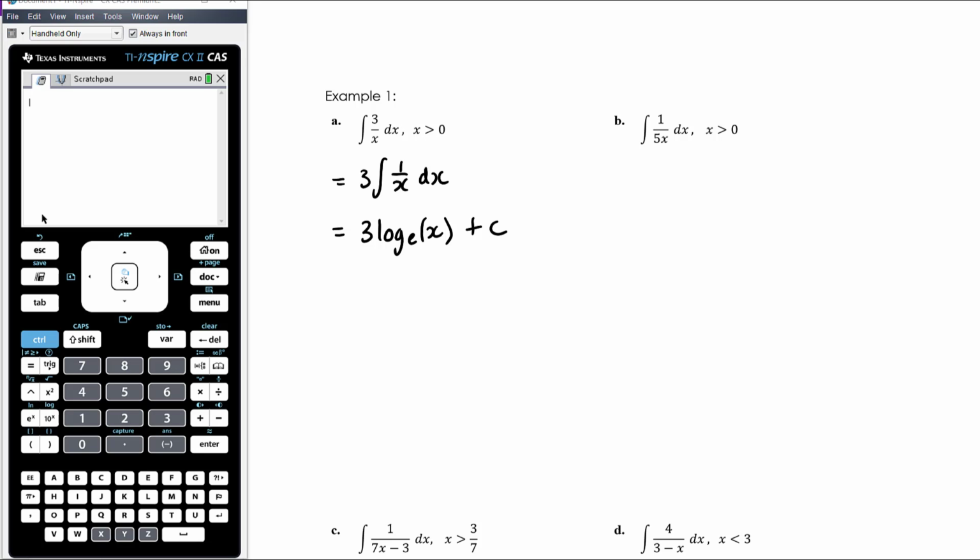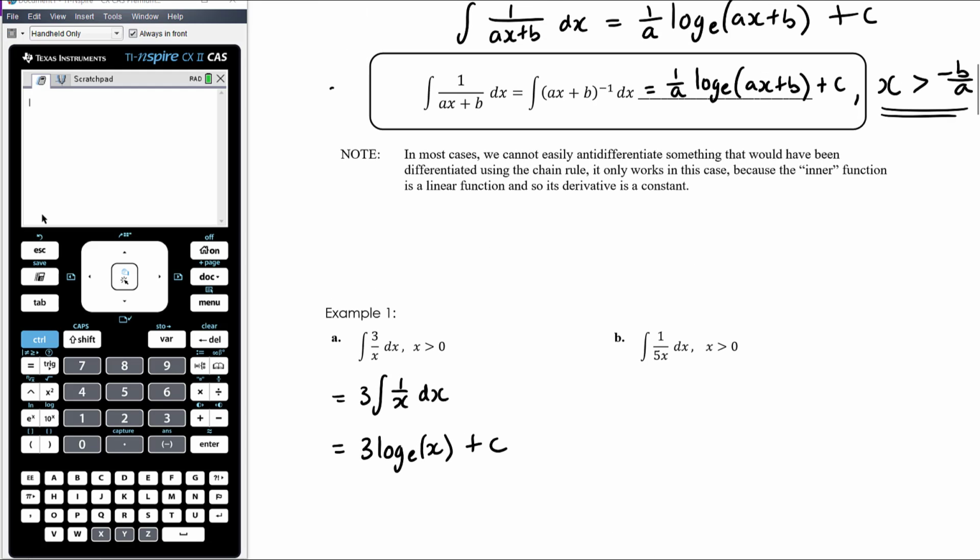If we're anti-differentiating 1 on 5x with respect to x, there's two different ways that we could do this, and they're both correct answers. And this is where I want you to be a bit careful. So we could think about this as following this rule up here. Okay, that this is 1 on ax plus b, where a is 5 and b is 0, obviously.